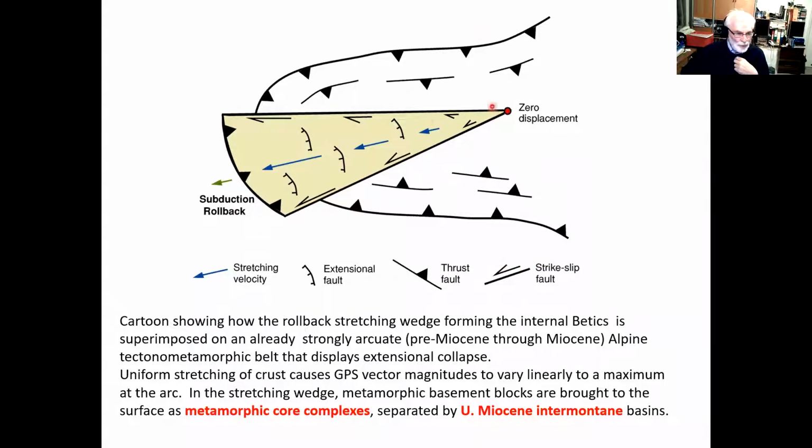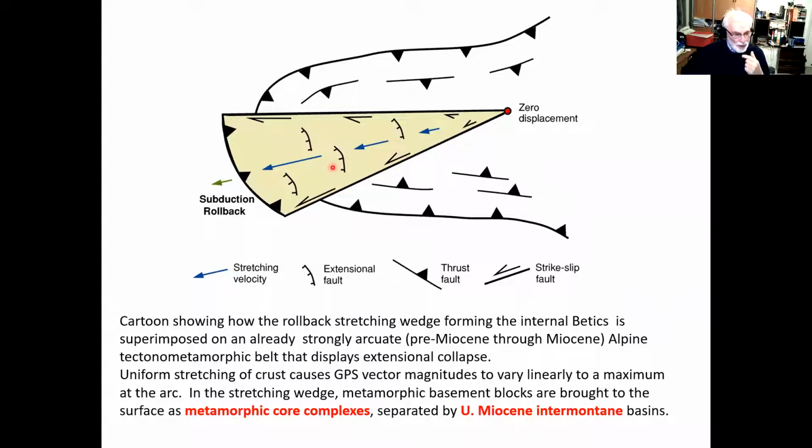So we end up with two faults with opposite senses of movement, accommodating the movement, and the amount of movement is increasing as you go from the pinning point, the zero displacement point, to the subduction zone. And you have in the upper crust lots and lots of extensional faults, low angle normal faults developed inside the wedge.